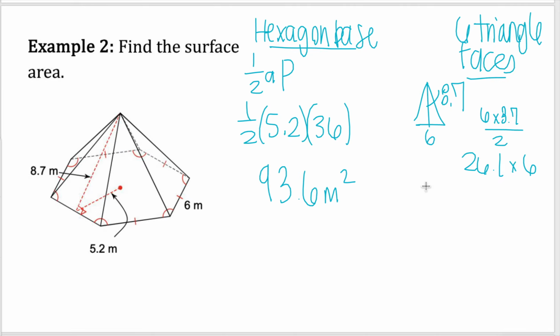So I'm getting 156.6 square meters. So let's add those faces and base together. So 156.6 plus 93.6, I'm going to get 250.2 square meters.